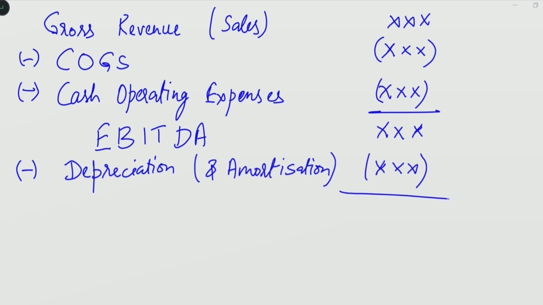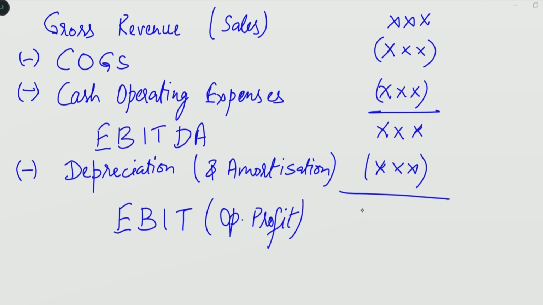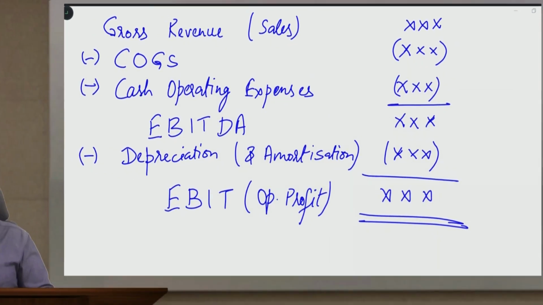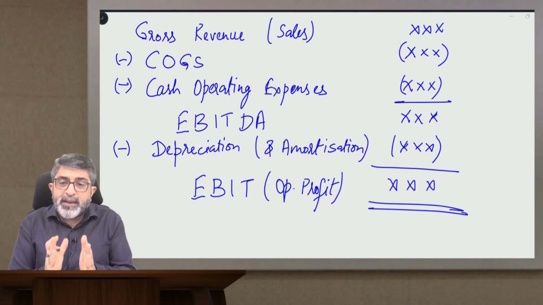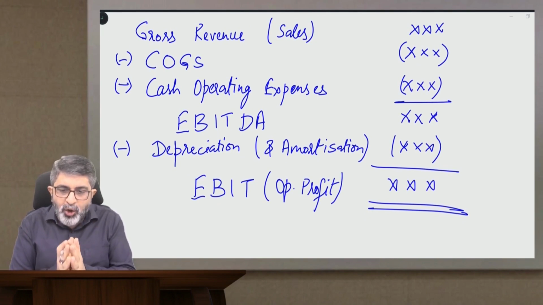When you subtract this, what you get is EBIT, that is basically your operating profit. This is the first stage of what we call your income statement, where you have landed at operating profit.